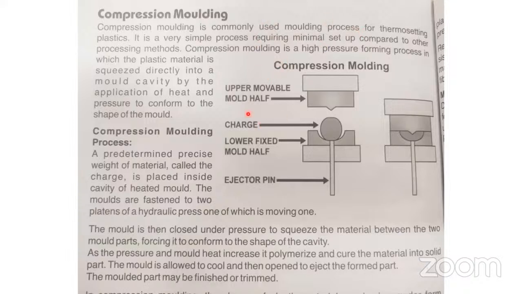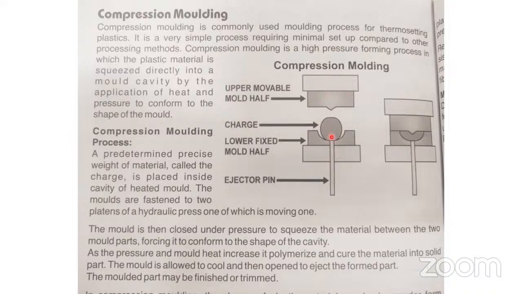Now we are going through the actual compression molding process for thermoset plastics. I told you it is a very simple process. The main thing is high pressure, and you are providing heat to the mold.